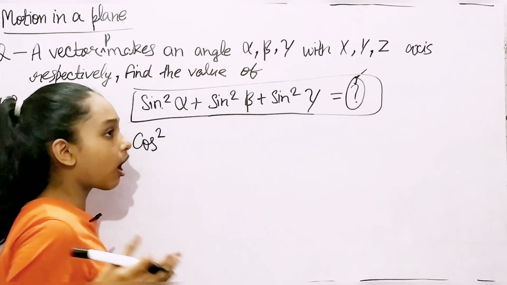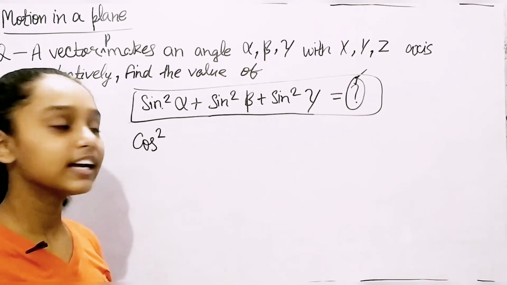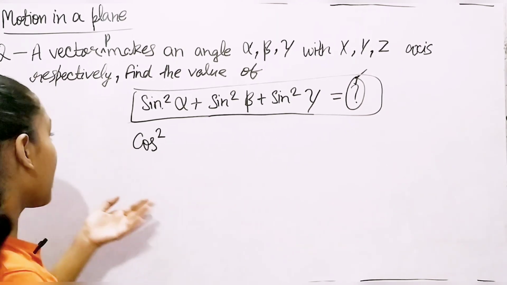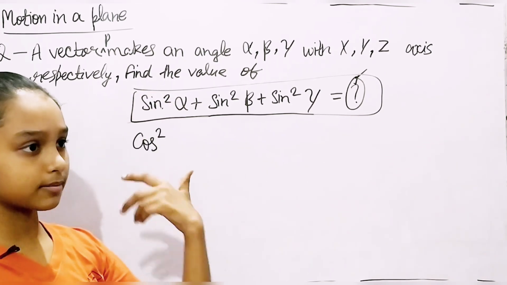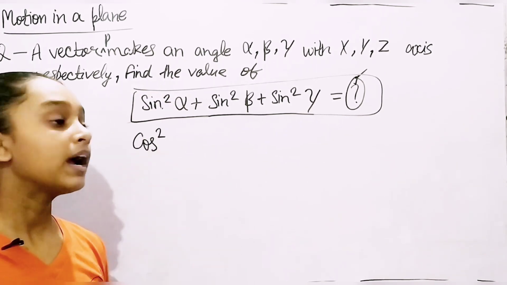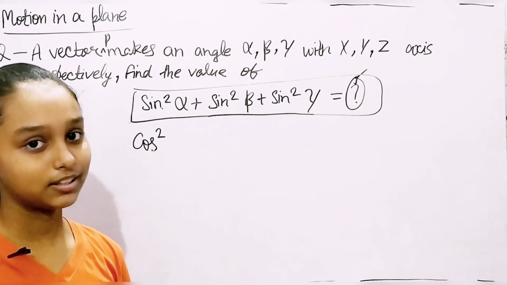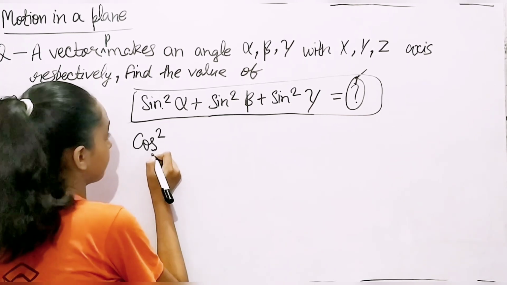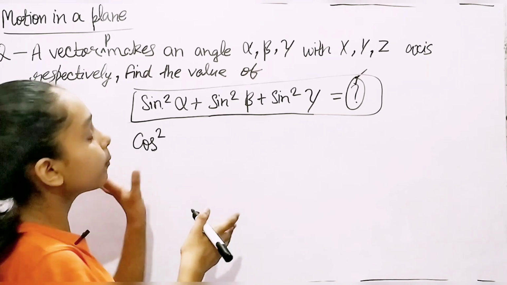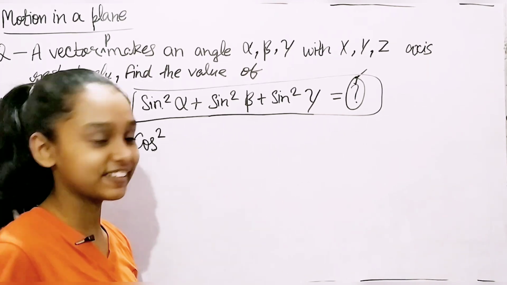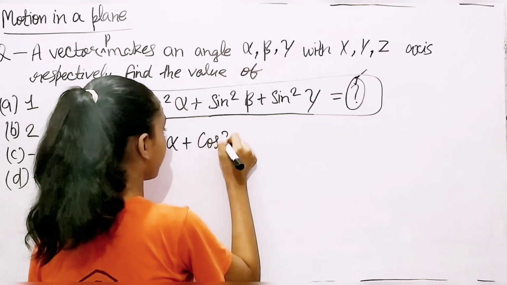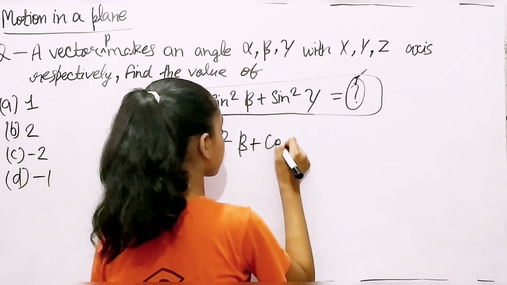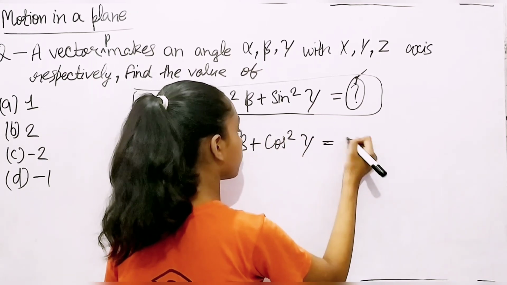Cos is for cosine. I'm not sure, but it doesn't matter, we're still going to say cos. So cos square alpha plus cos square beta plus cos square gamma is equal to 1.